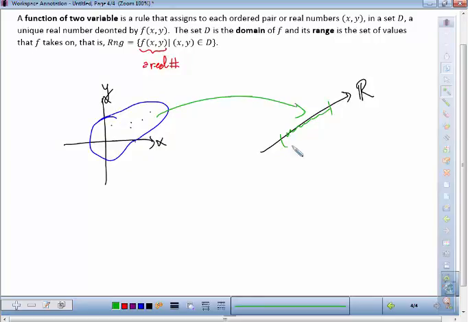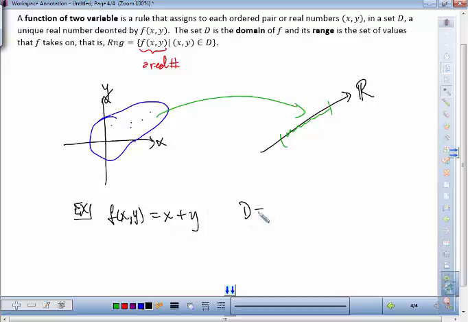Let's take some of those simple examples that we came up with. f of x, y equals x plus y. Now, what possible x and y value combinations can I put into this function? Anything. Do we say all real numbers?